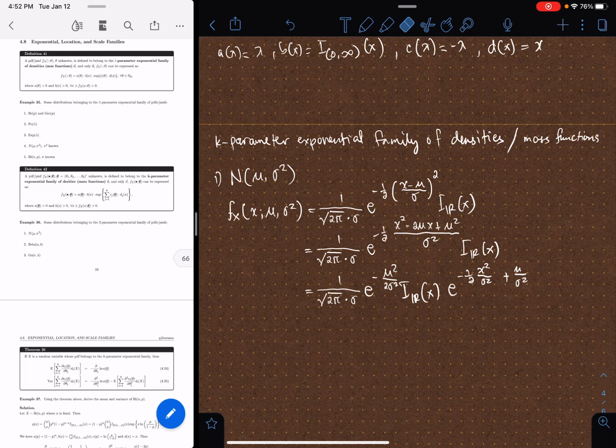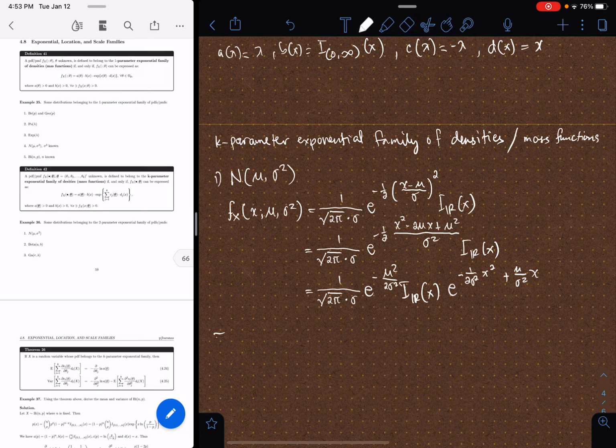Ganito na lang. Ito, i-write ko na lang to. Itong term na to. Into negative 1 over 2 sigma squared times x squared. Ayan, para mas clear.